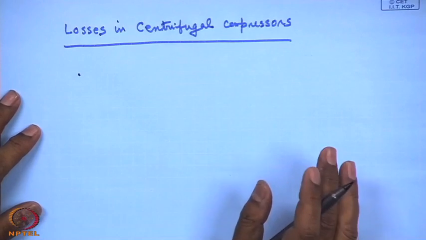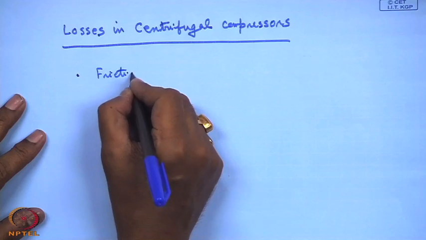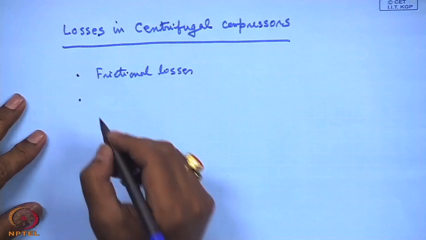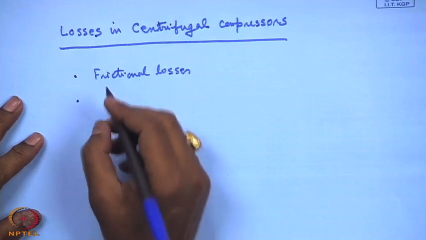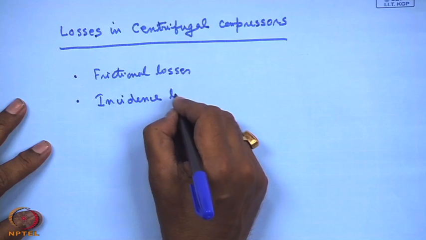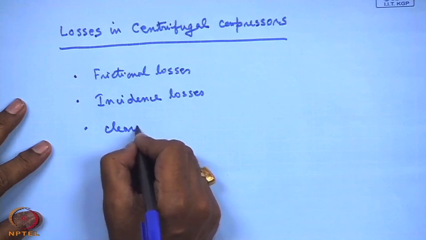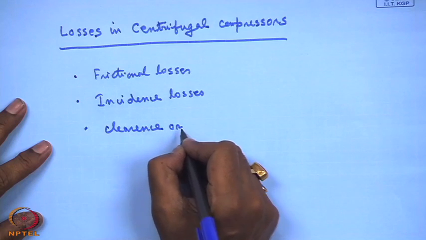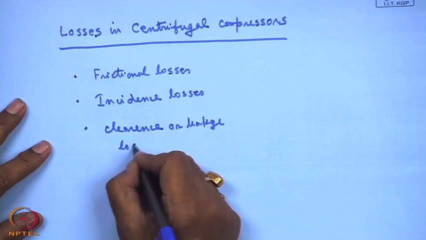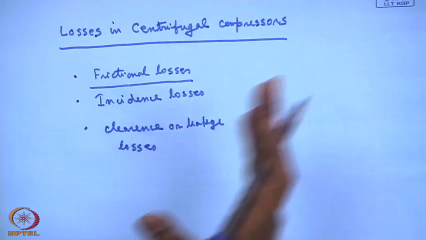One is the frictional losses, another is the incidence losses, and another is the clearance or leakage losses. Now, one by one.